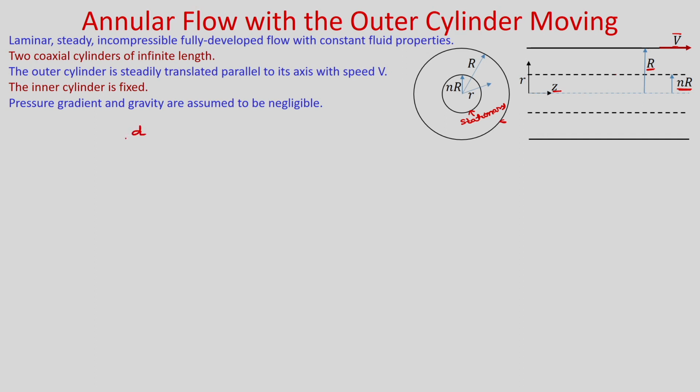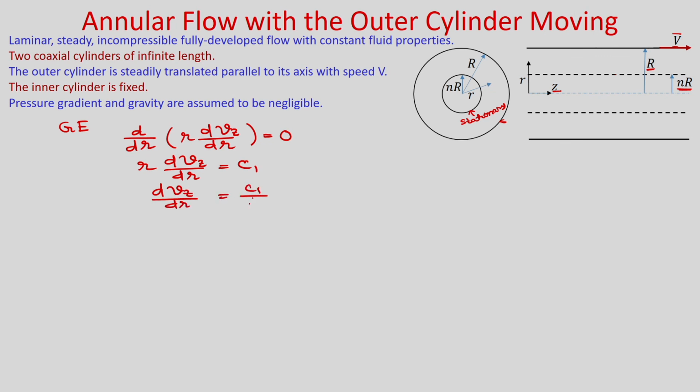The pressure gradient is 0, gravity is 0, so you can write the equation as d by dr of r dvz by dr is equal to 0. If you integrate twice, you will get the velocity profile: dvz by dr is equal to c1 by r, and vz, which is a function of r only, is c1 ln r plus c2.